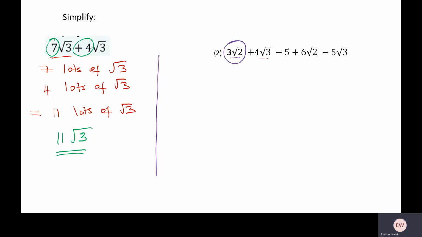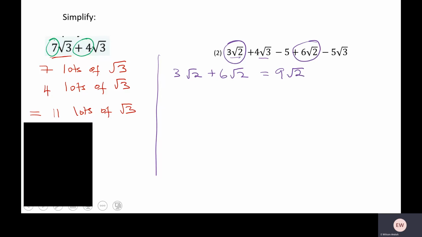But the first term and the fourth term are like terms because we have root 2, root 2. So we will write this as 3 root 2 plus 6 root 2, which is 3 lots of root 2 plus 6 lots of root 2. And this will give us 9 lots of root 2.